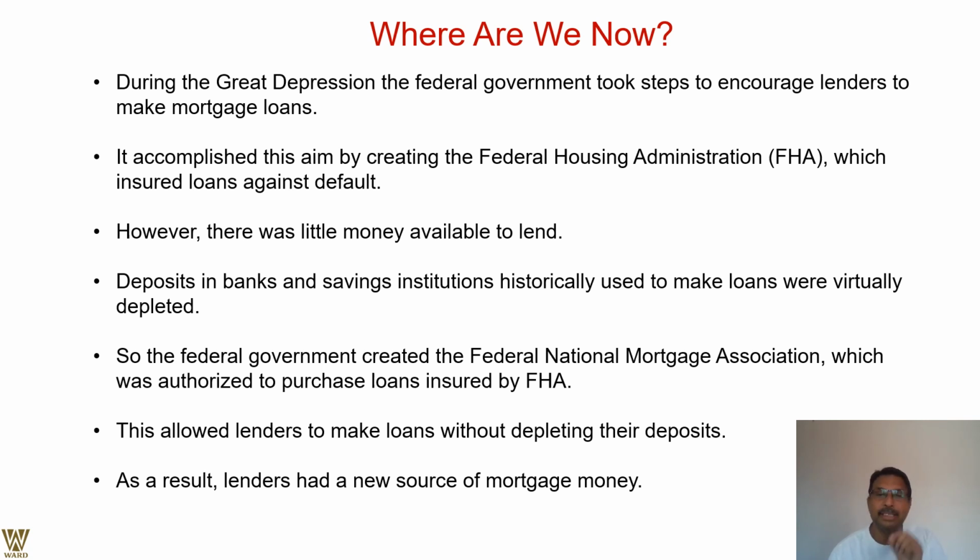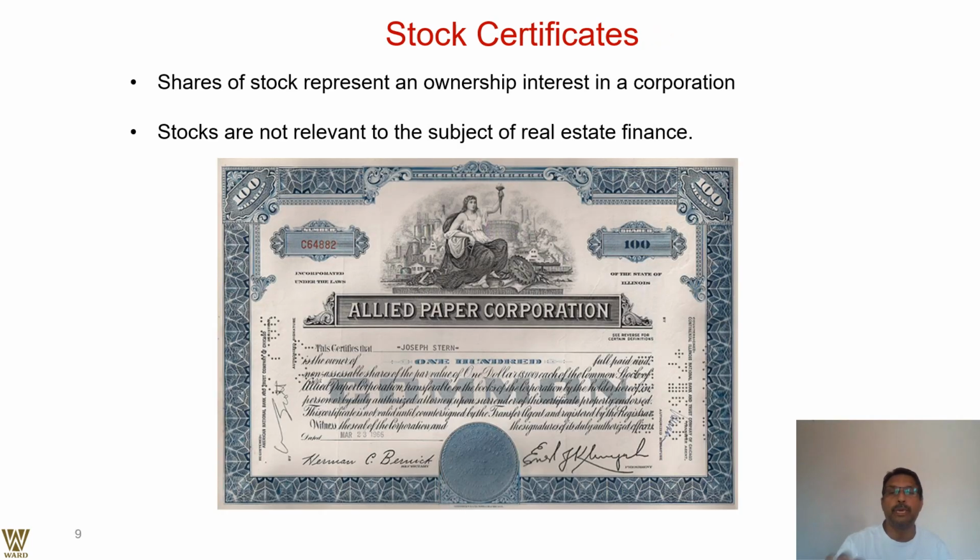Deposits in the banks and savings institutions historically used to make loans were virtually depleted. So the federal government created the Federal National Mortgage Association, which was authorized to purchase loans insured by the FHA. This allowed lenders to make loans without depleting their deposits. As a result, the lenders had a new source of mortgage money.